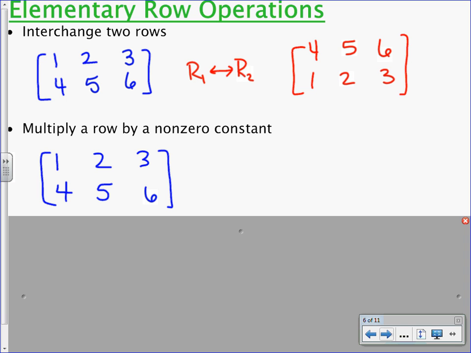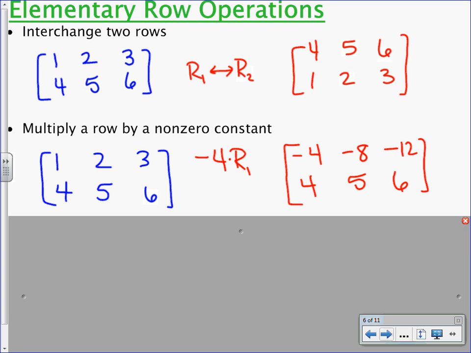So I'm going to say -4 times row 1, and then we can write this as -4, -8, -12, 4, 5, 6. That is legal.